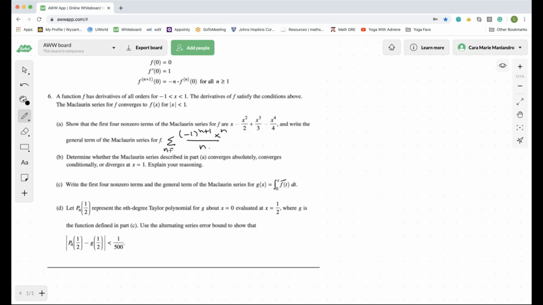That's 100% fine. Okay, so we want to determine if this thing converges or diverges. So does it converge or diverge?